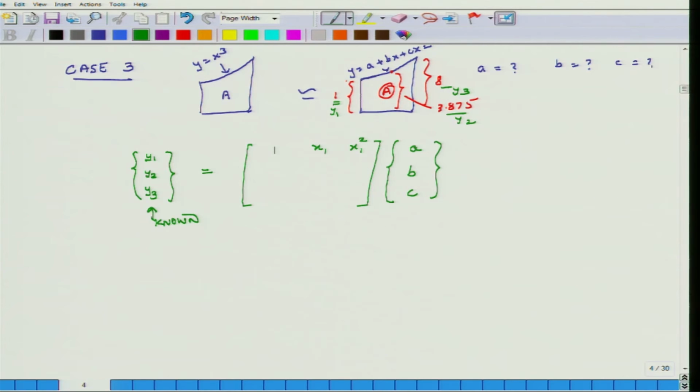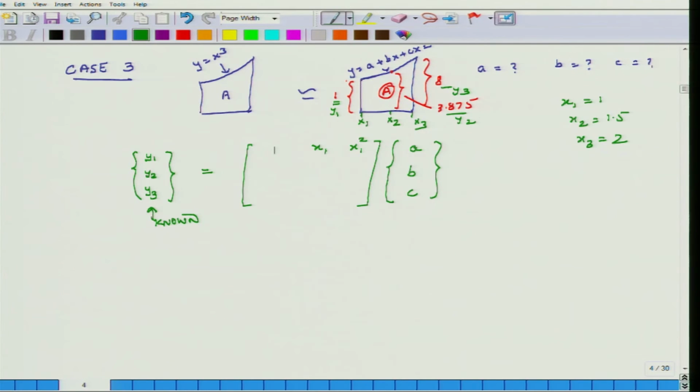So this is my first equation, y1 equals 1 times A plus x1 times B plus x1 square times C, where x1 is equal to 1, x2 is equal to 1.5 and x3 is equal to 2. This is x1, this is x2 and this is x3.